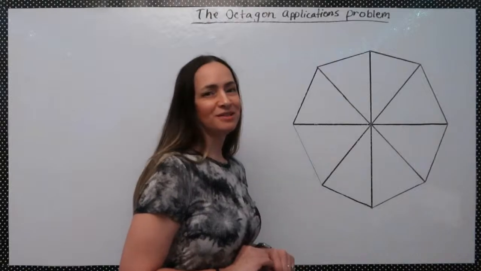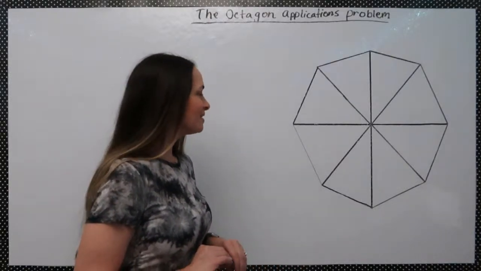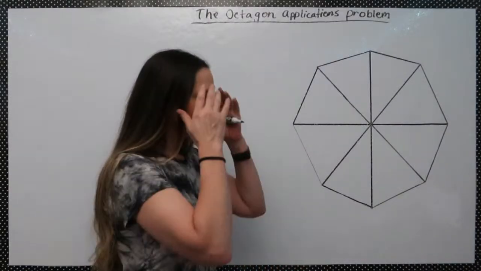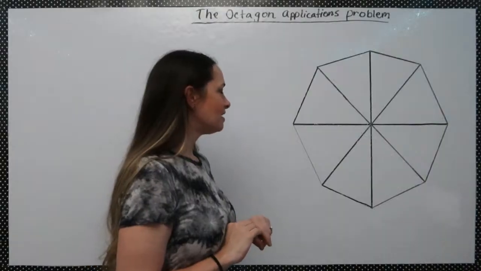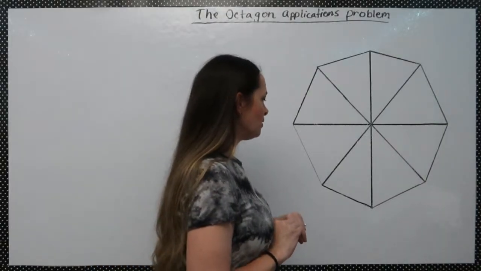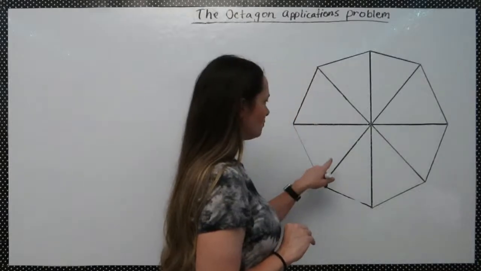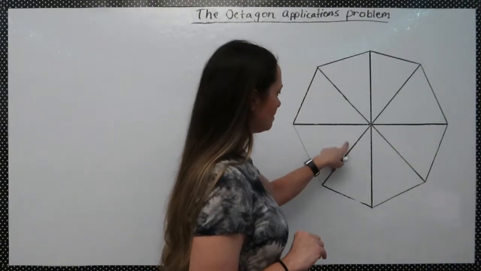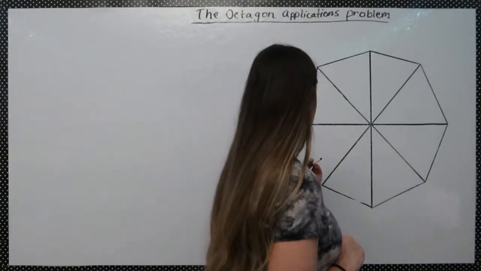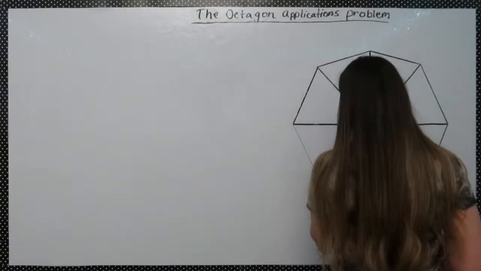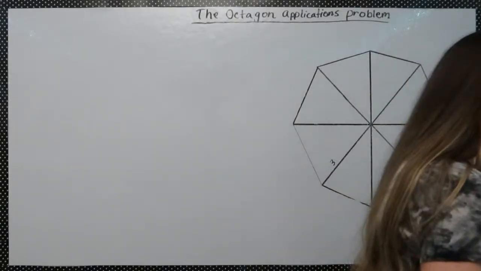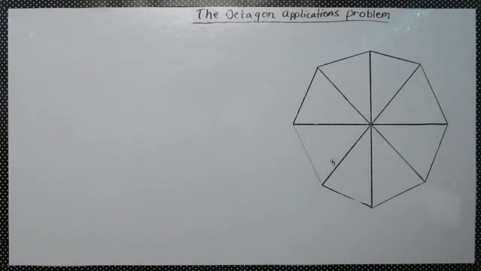Maybe next year. Anyway, so I have my octagon, and what this problem is giving me is one of these lengths here. It's saying that this is 36, I think it was 36. Hang on, let me double check.